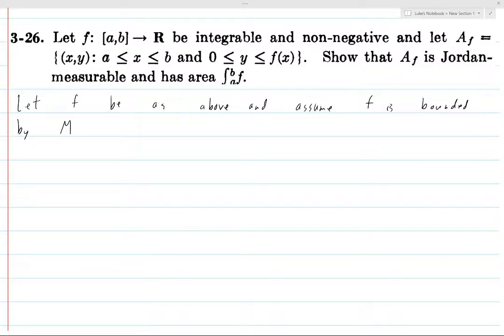Basically the way that you find the area of AF is by using Fubini's theorem. But Fubini's theorem only applies to computing integrals on closed rectangles, and these closed rectangles have to be bounded.